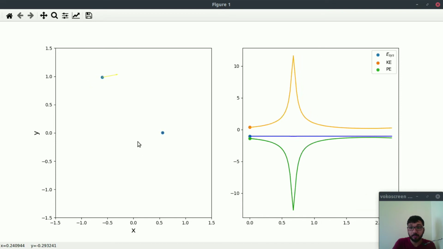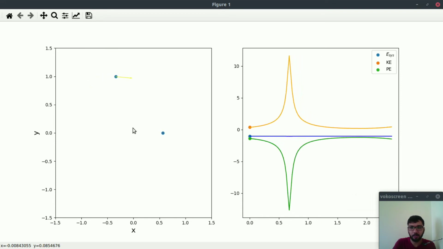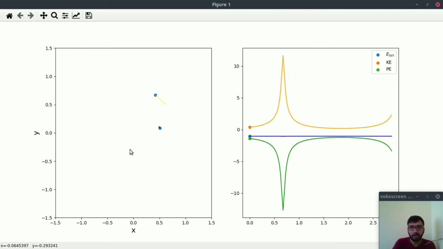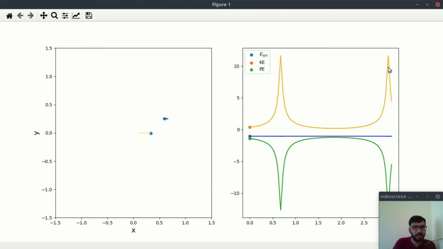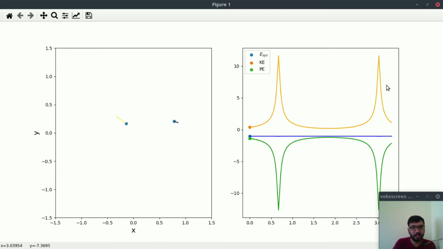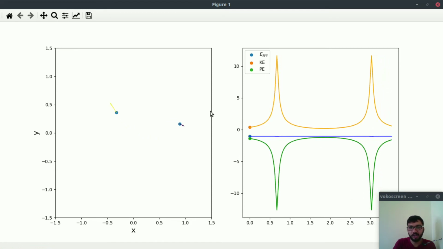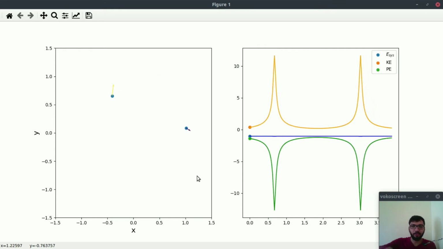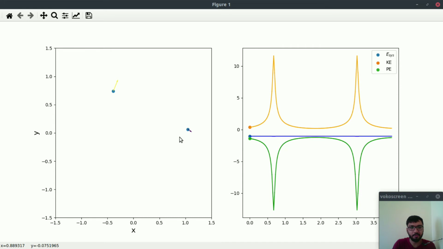And it is approaching our heavy particle, and see what will happen. Okay, so there is another spike in kinetic energy and potential energy, and it is tracing a kind of ellipse, and this heavy particle is hardly moving. Okay, so this was the dynamics, guys, for this problem.